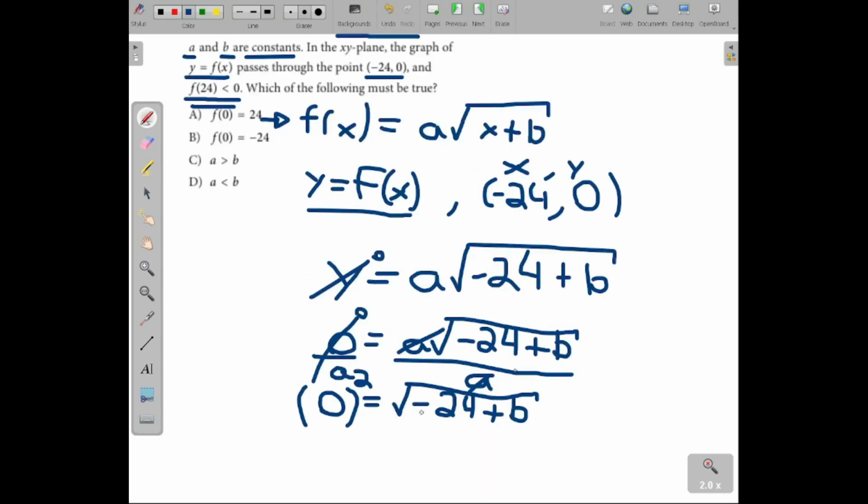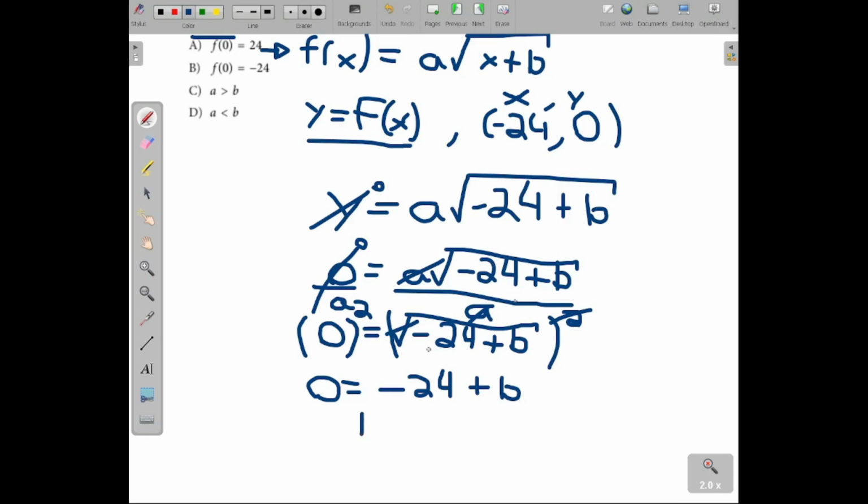We have to get rid of this square root, so we'll square both sides. 0 squared is 0, equal to, here the square root cancels out with the square, so we get negative 24 plus b. And finally, b will be equal to positive 24.